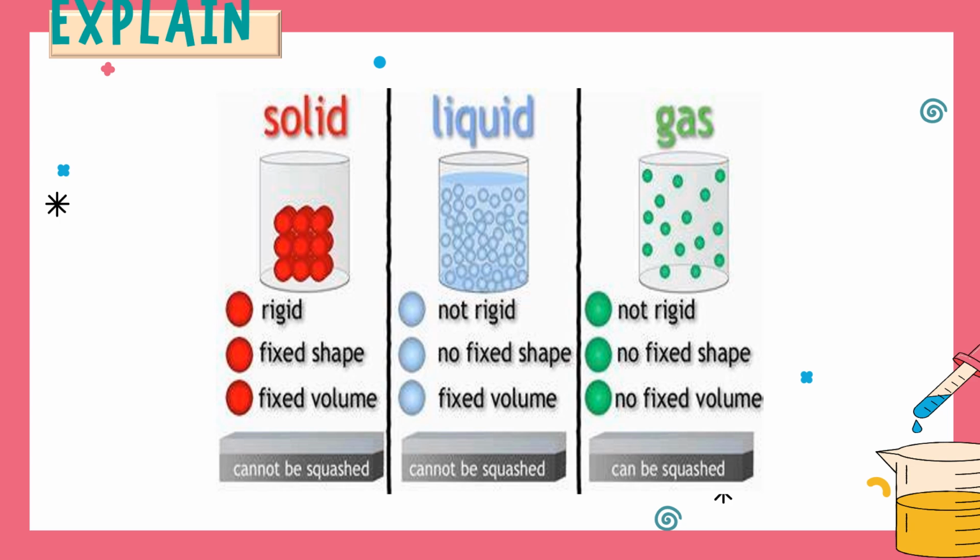Liquid is not rigid, with no fixed shape, but with fixed volume. And it also cannot be squashed. Gas, on the other hand, is not rigid, with no fixed shape and no fixed volume. Therefore, gas can be squashed.